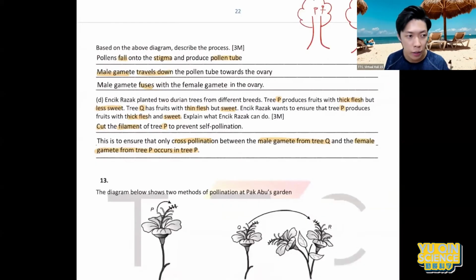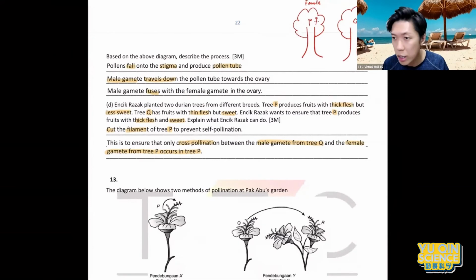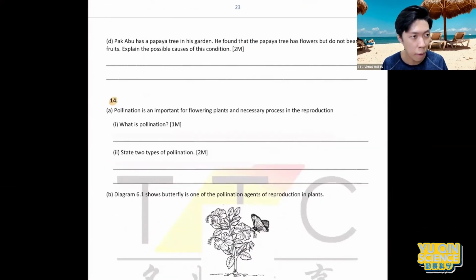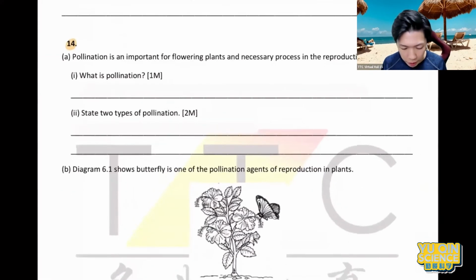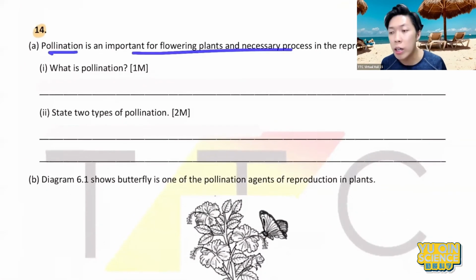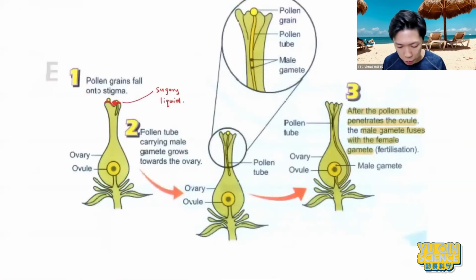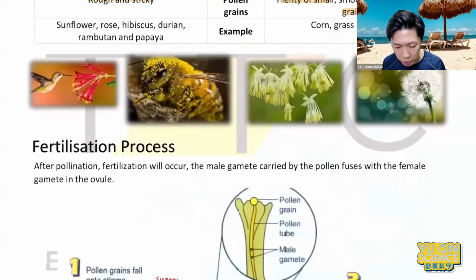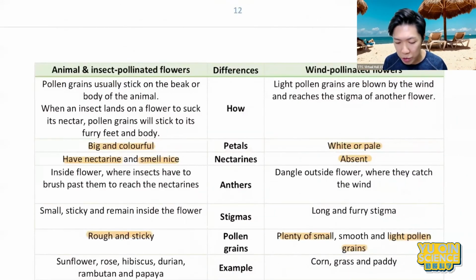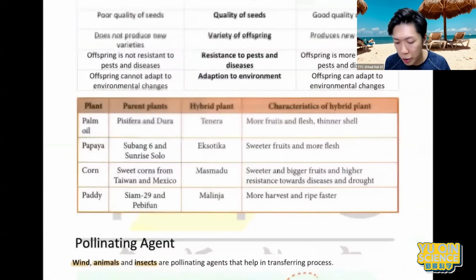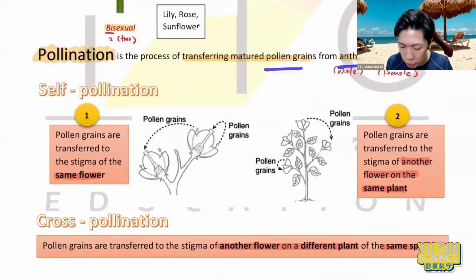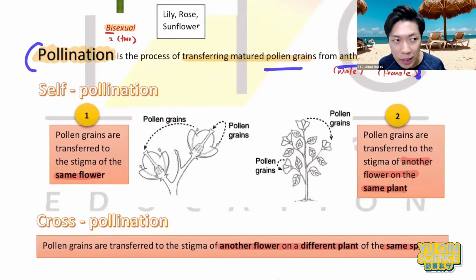Question 13 is sort of another extra question for you. So let's jump to 14. What is pollination? The definition of pollination is very simple. It is the transference of pollen grains from anther to stigma. That's the whole sentence.